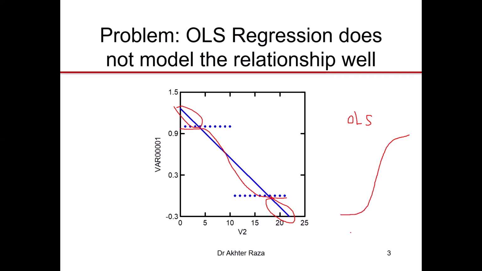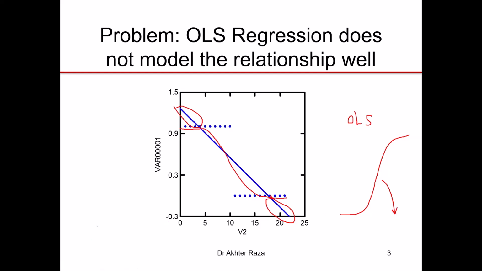This is called the S function or sigmoid function. So logistic regression is basically predicting a sigmoid function, while ordinary least square gives us the straight line. So we have to transform the ordinary least square into a sigmoid function. The probability from the sigmoid function is referred to as logistic regression.